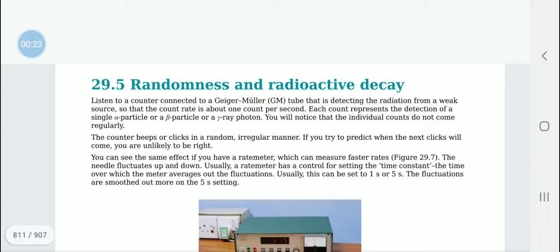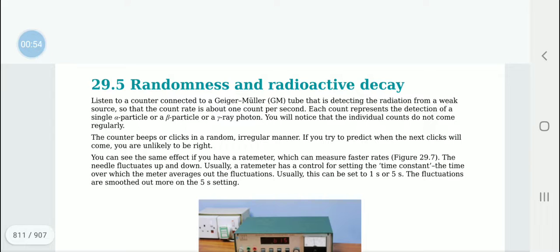If you take a weak radioactive sample that gives out about one detection per second, then you can hear it properly. But it does not go tick tick tick tick in a regular pattern, but it would be dig dig dig dig like that. It is not going to be regular.